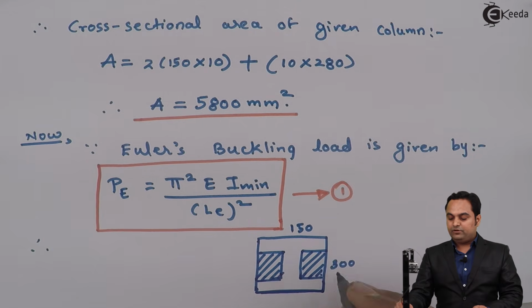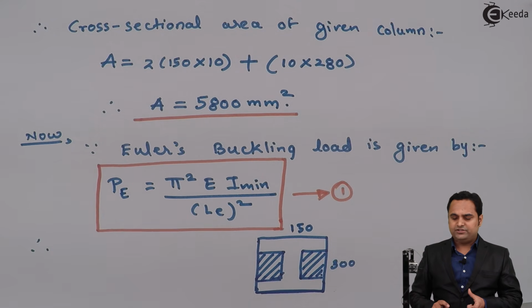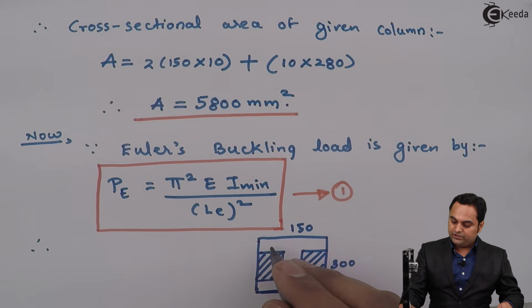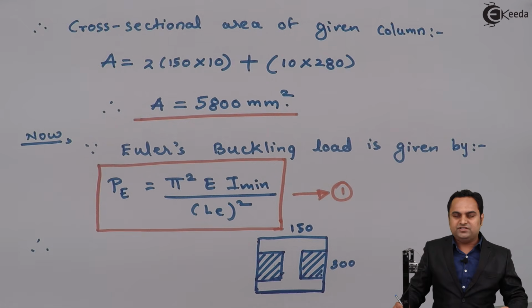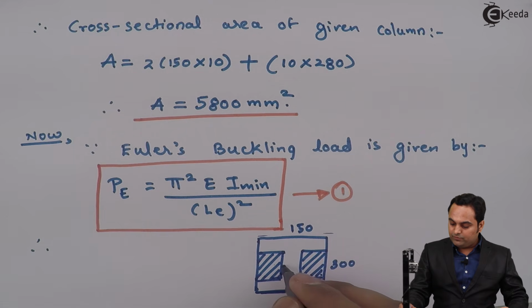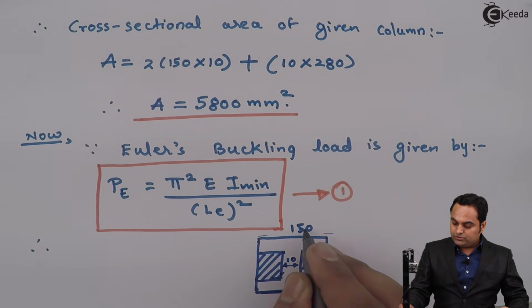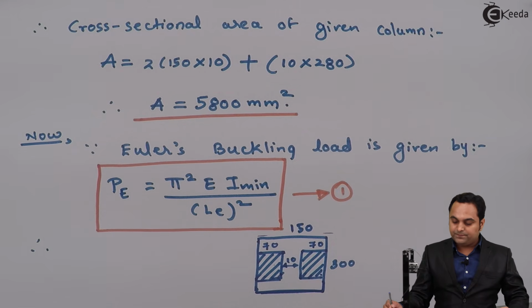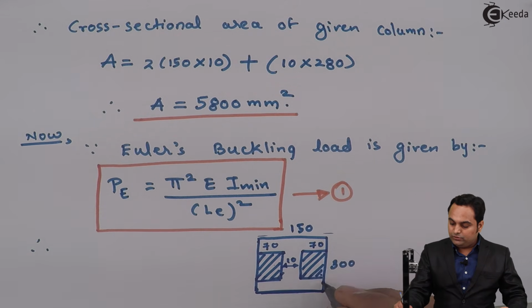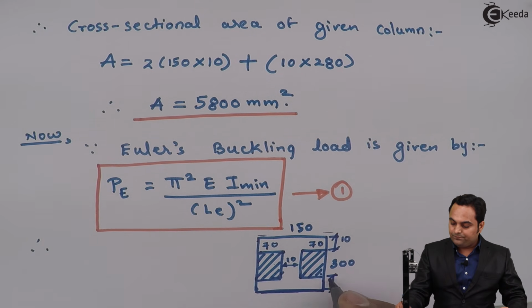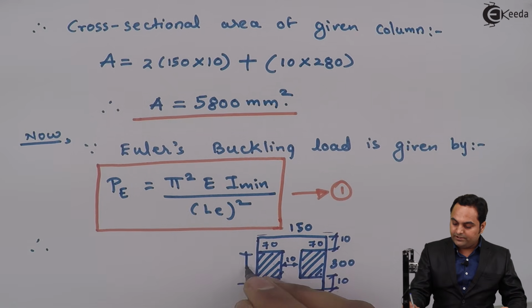Once we subtract from the total rectangle's moment of inertia the moment of inertia of these two small rectangles, we get the moment of inertia for this I section in a very simple and easy way. The total width is 150, the central portion has a dimension of 10, so 150 minus 10 is 140, divided by 2, so we have 70 here and 70 here. Then out of the total height, which is 300, this portion is 10 and this portion is 10, so the remaining part is 280.